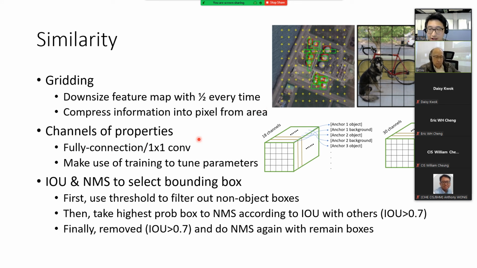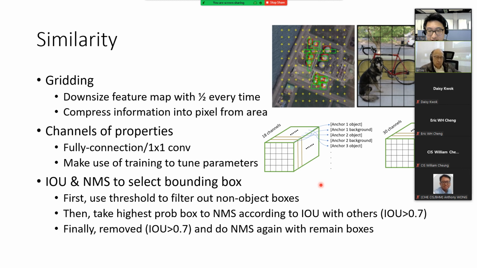Second, it has channels representing some properties. For Faster R-CNN, let's say the 80 channels are anchors, or channels representing the score of object and background. For YOLO, the channels represent the bounding box position, the confidence, the second box, and the class.